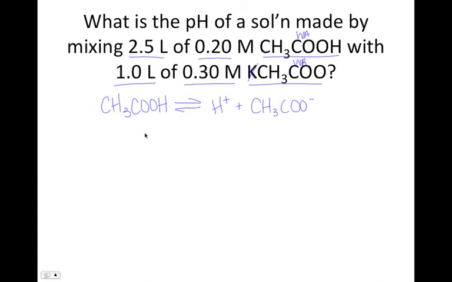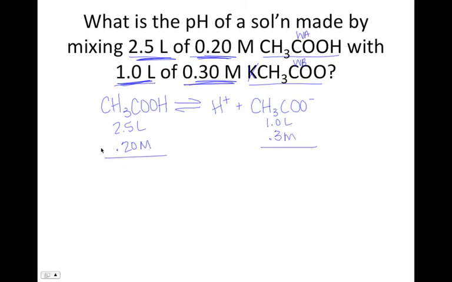And I need to find the concentrations of my acid and my base. But I can't just use these concentrations because these are the concentrations before they mixed. Once they mix, the concentrations are a little different because my volumes are different. So I have 2.5 liters of 0.2 molar acetic acid. I have 1 liter of 0.3 molar potassium acetate.